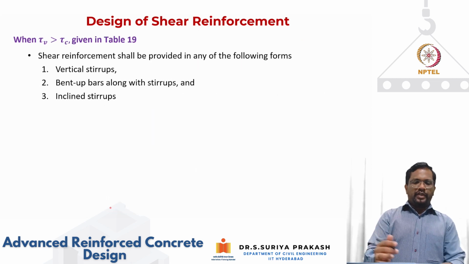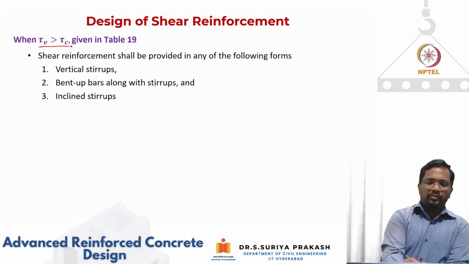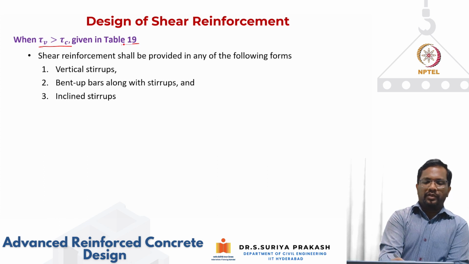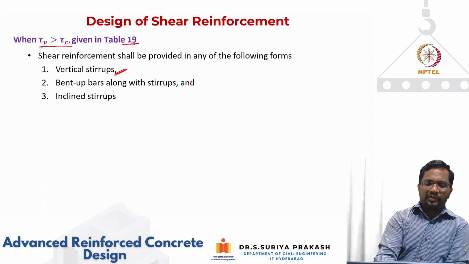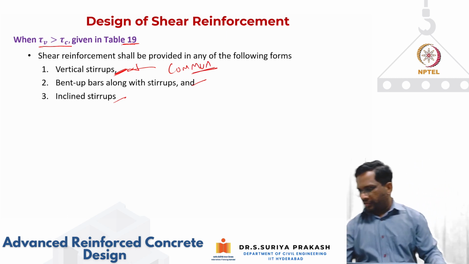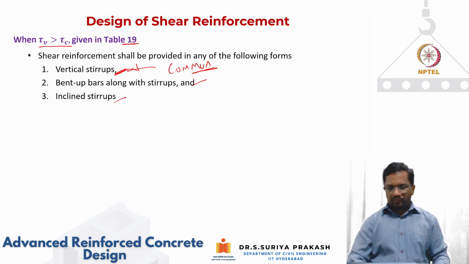Now, we can have situations when tau v becomes more than tau c, as calculated in table 19. We need to provide shear reinforcement either in the form of vertical stirrups, bent-up bars, or inclined stirrups. One most common one is this. This is the common way we provide, because stress reversals we don't know. Right?